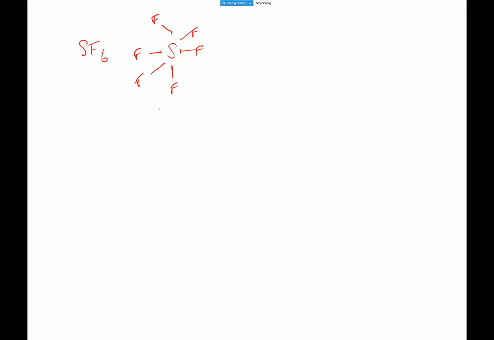And so now I'm going to end up with the octahedral geometry. And where did that octahedral geometry come from? It now came from promoting one of the lone pair electrons in the 3s up to a second 3d, so that now I can go into an even higher excited state for sulfur.